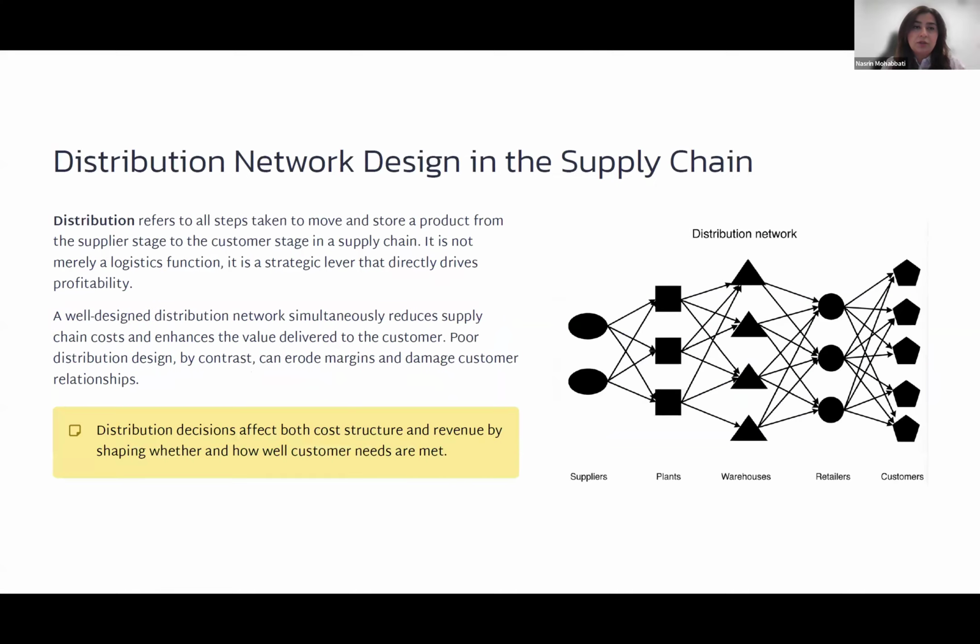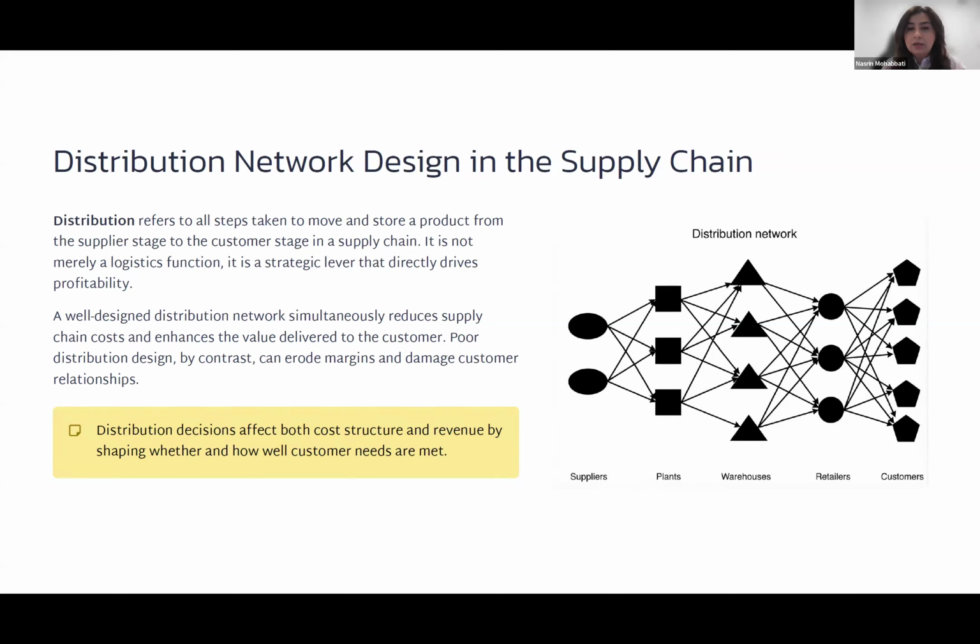First of all, let's talk about distribution network. So what is a distribution network? Consider a supply chain. In a supply chain, usually we have raw material suppliers, manufacturing centers, assembly centers, distribution centers, warehouses, retail stores, and also end customers.